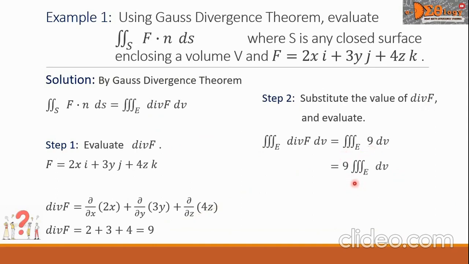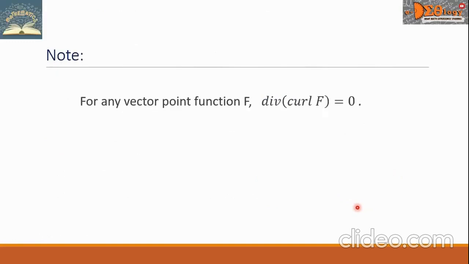Evaluating now the triple integral over E of dV, we have now this 9V. This is the final answer. Now let us take note that for any vector point function F, divergence of curl F equals 0.